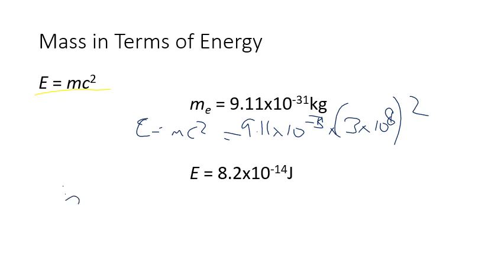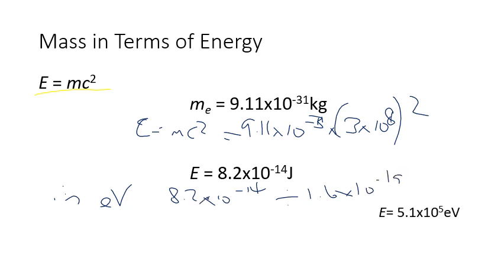And so in electron volts, that's 8.2 times 10 to the minus 14 divided by 1.6 times 10 to the minus 19. And that turns out to be 5.1 times 10 to the 5 eV. Now, that's a bit of an ugly number.